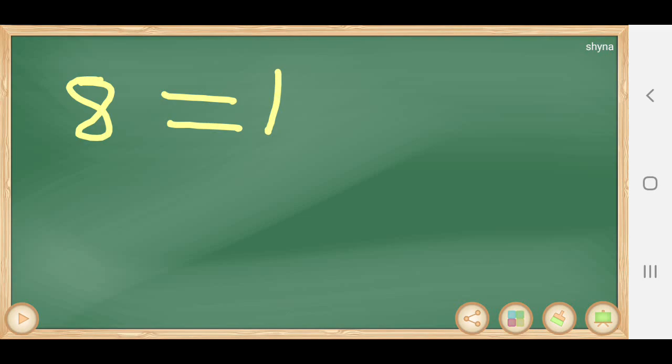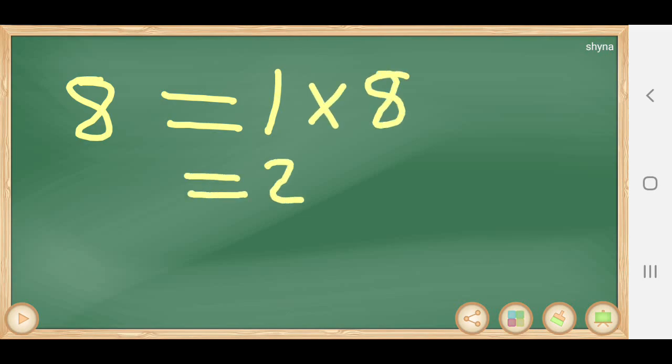What are the factors of 8? How can you write 8? 8 as 1 into 8. Similarly, 8 equal to 2 into 4. Then 3 into something is 8? No. 4 into 2. That already you have written as 2 into 4.